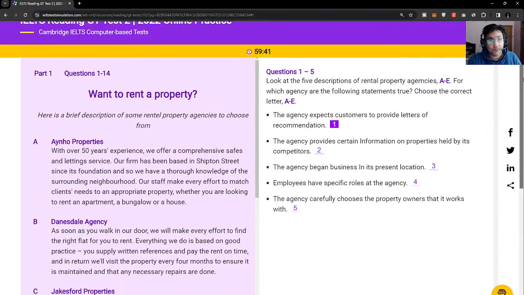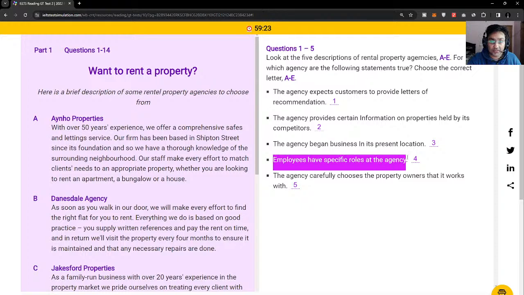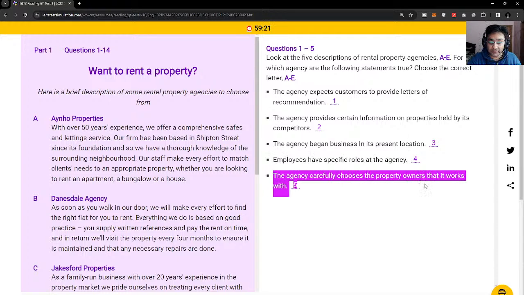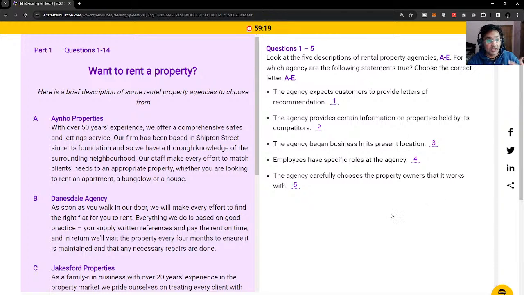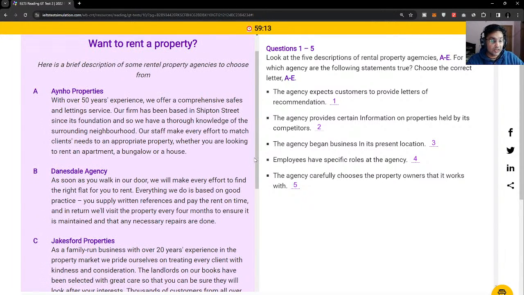What we need to do is, instead of starting to read these passages, have a look at all the questions. So this type of question: the agency expects customers to provide letters of recommendation, certain information on properties, agency began business in its present location, employees have specific roles at the agency, carefully chooses the property owners that it works with. These are all of the questions that come in a logical order. But I have other, these are called matching headings.